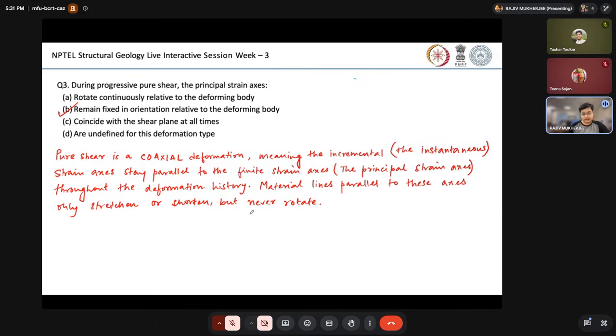So this is the difference between pure shear and simple shear.